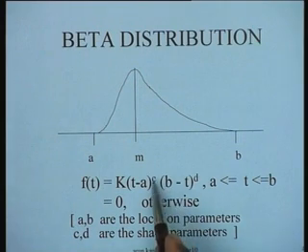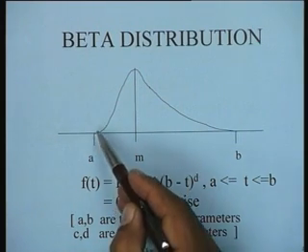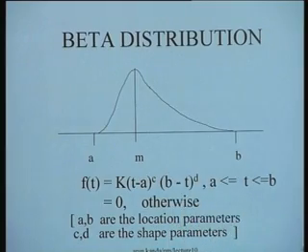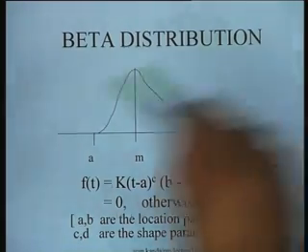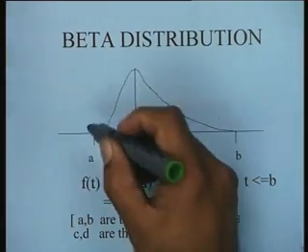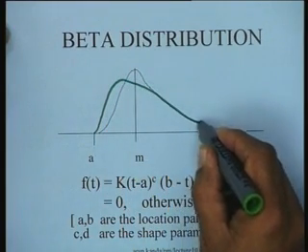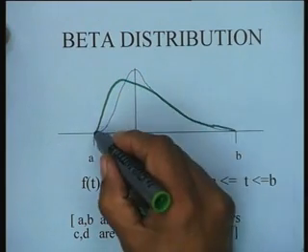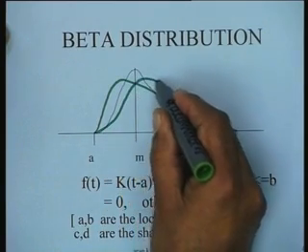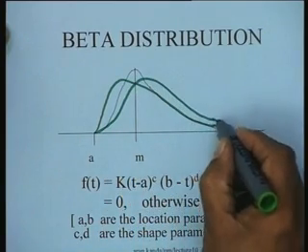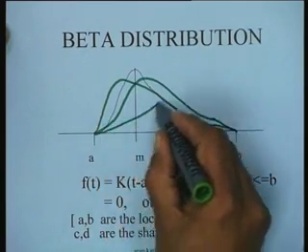In fact, by changing the values of C and D, we can get different distributions bounded between the same particular values. For instance, I would get a distribution, let's say something like this. Then I could get a distribution, let's say something like this. Then I could get maybe a distribution something like this.